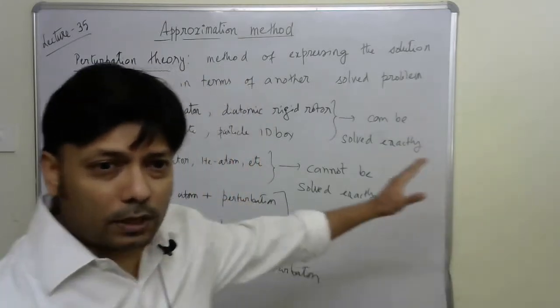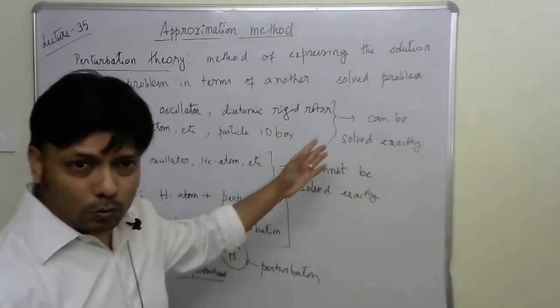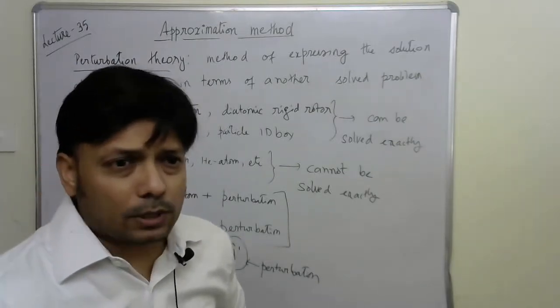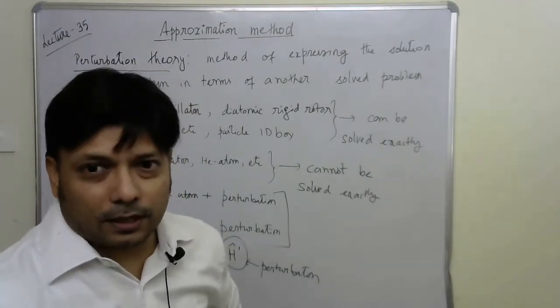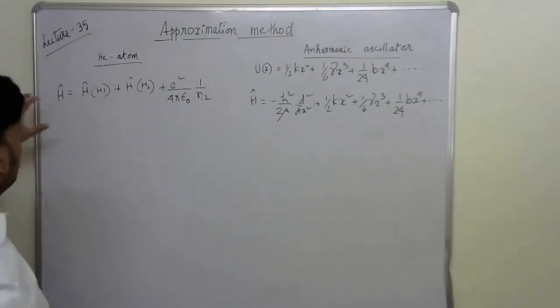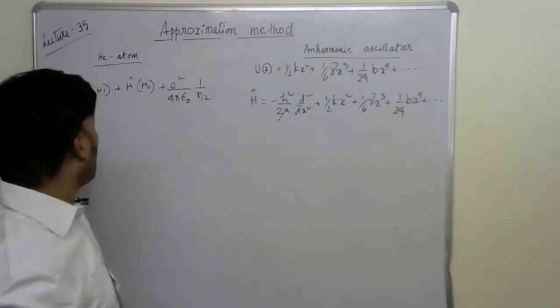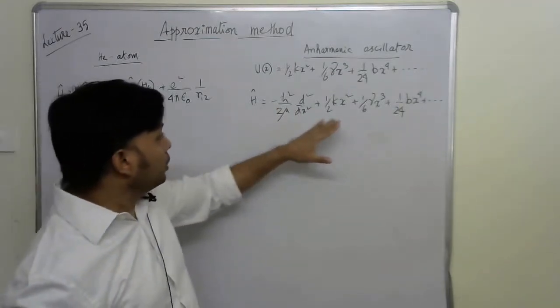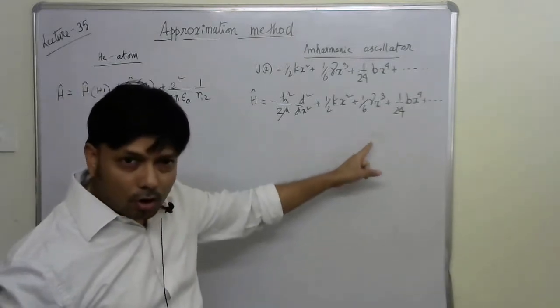Okay, so let's quickly clean the board and show you by two very simple examples. Okay, so let's do that. So here I have just rewritten the Hamiltonian operator for the helium atom and also the Hamiltonian operator for the anharmonic oscillator.